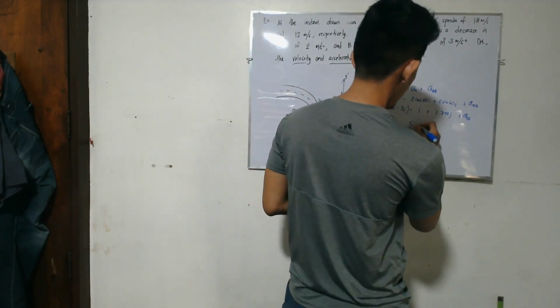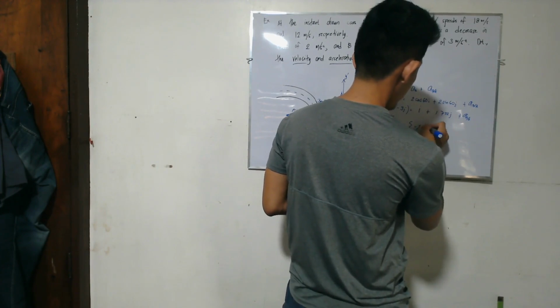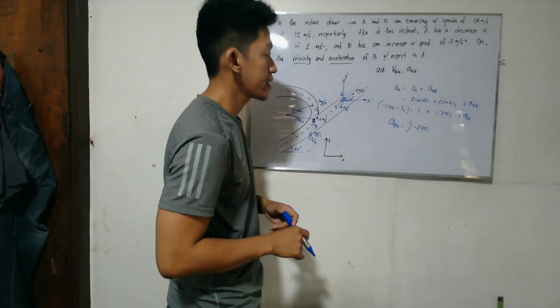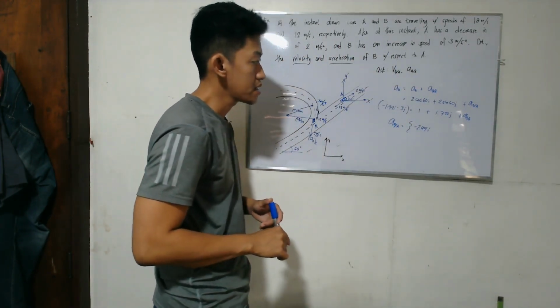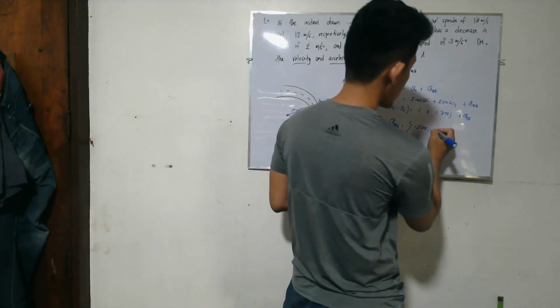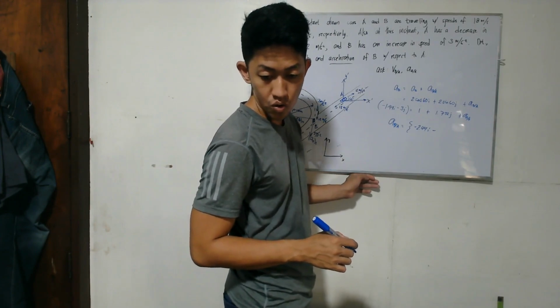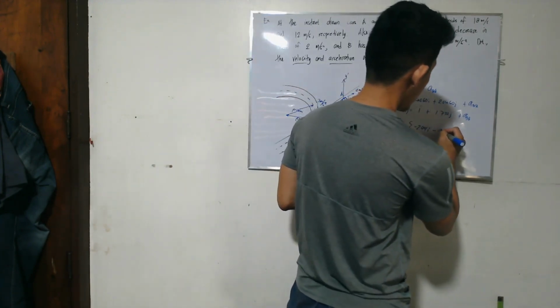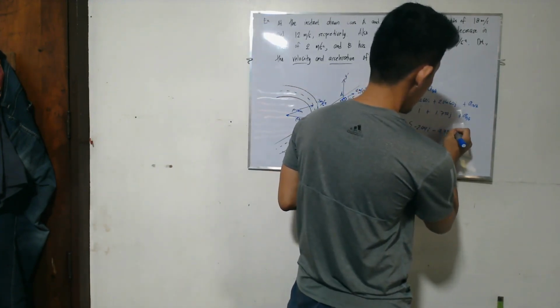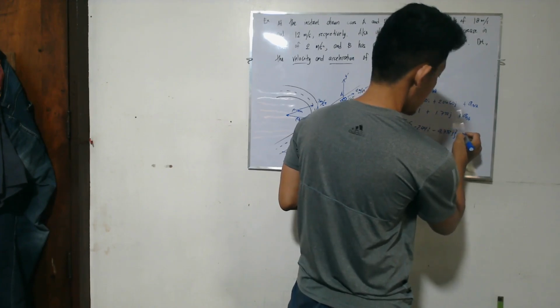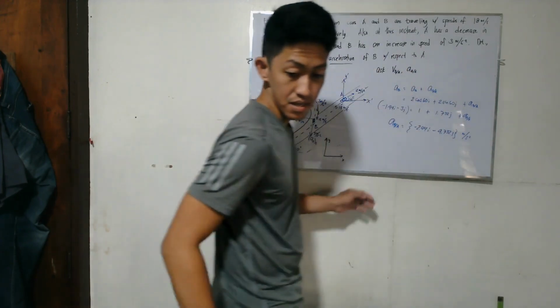Acceleration of B with respect to A is just negative 2.44i minus 4.732j. Okay. Unit is meter per second squared.